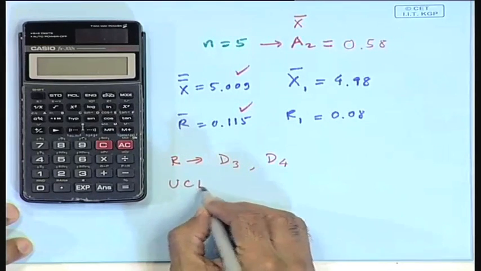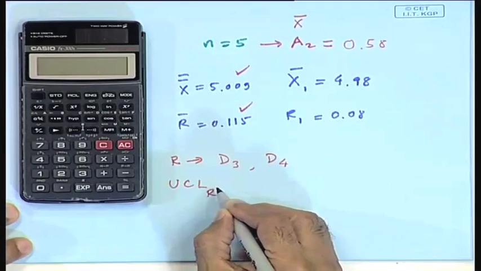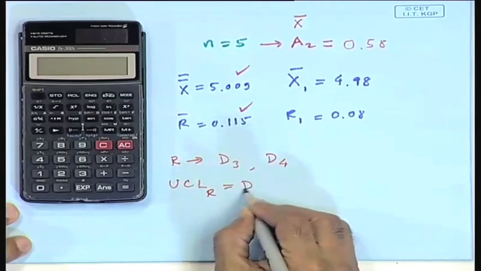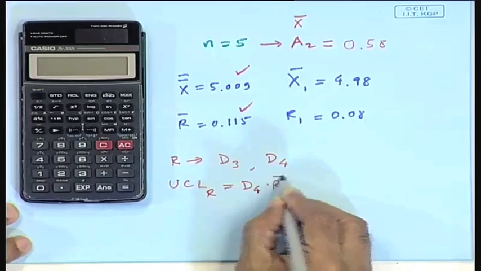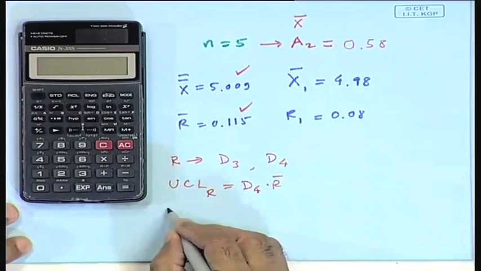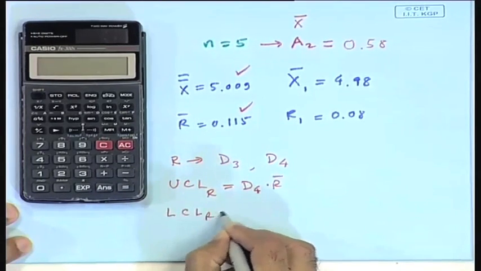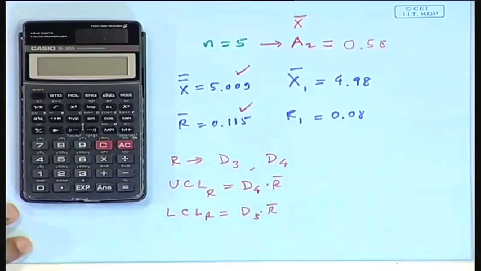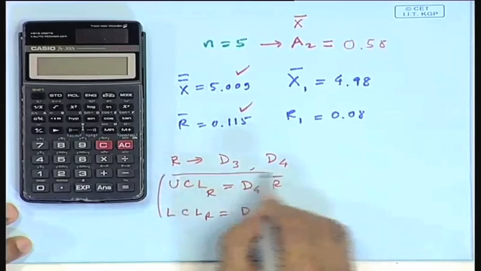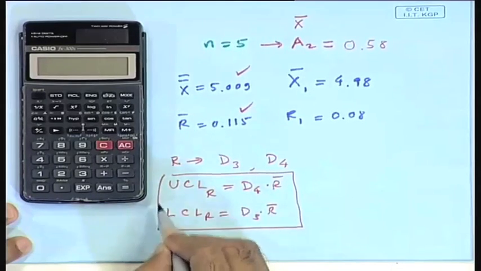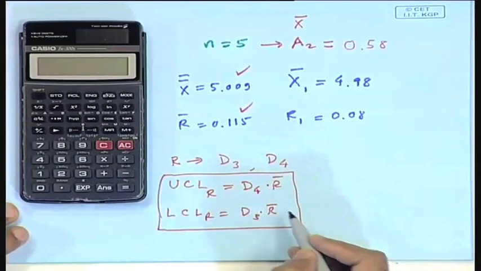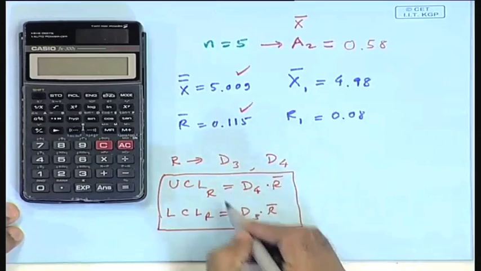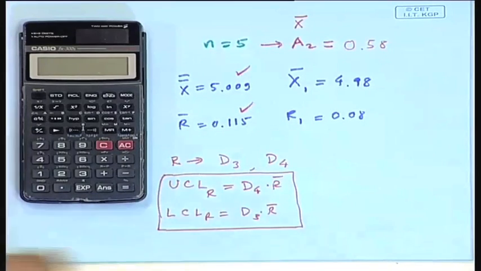UCL range is D4 times R bar, and LCL R is going to be D3 times R bar. These are the formulas utilized in constructing a range chart and putting control limits on it. And that's what they have done on the screen there.